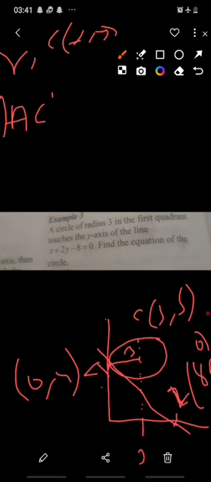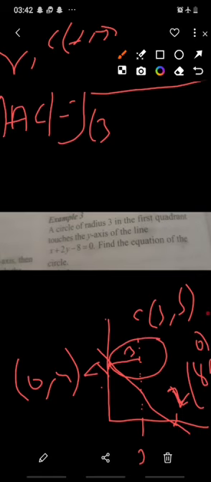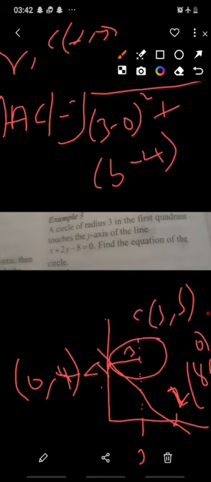AC will be equal to the square root of, we know the coordinates for C and for A. So (3 - 0) squared, plus (b - 4) squared, which gives us 3 squared plus (b - 4) squared, all under the square root.